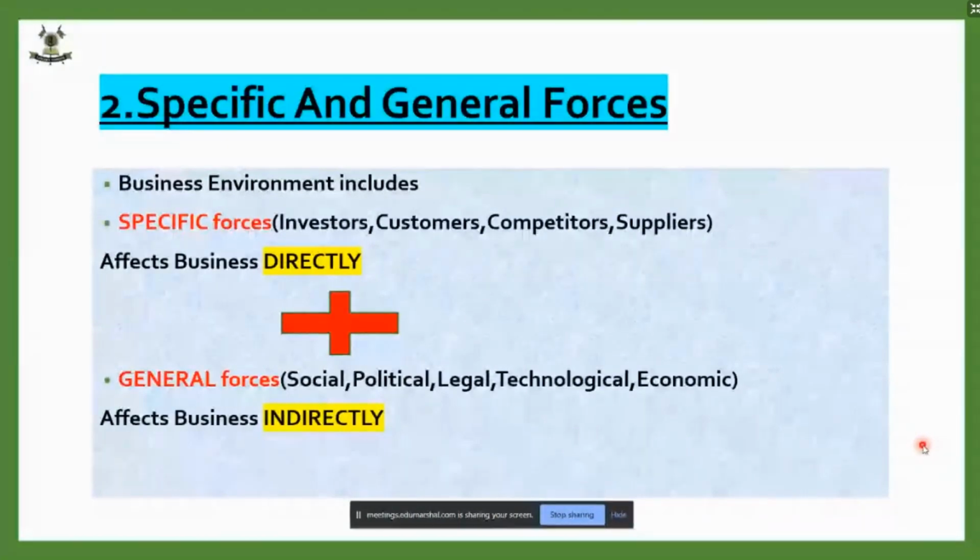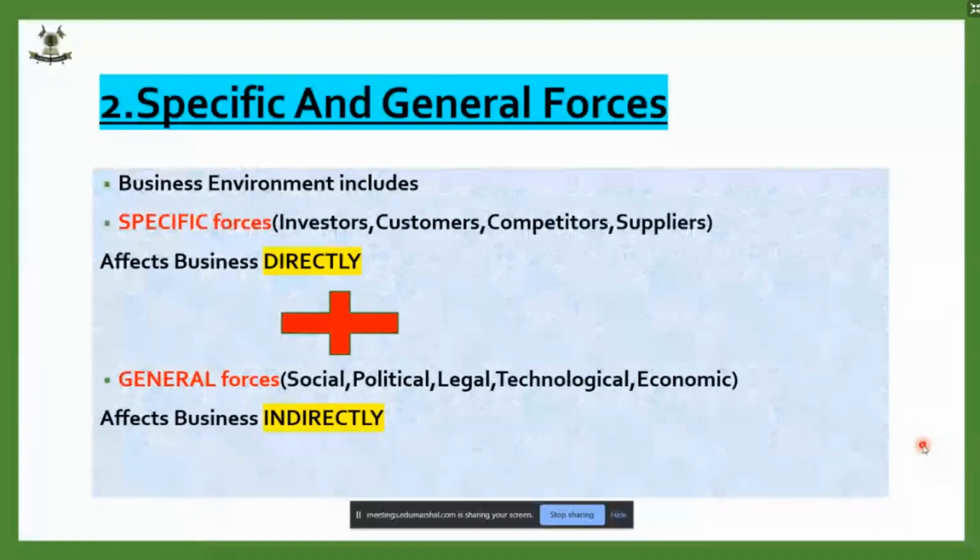So there is a direct, immediate impact, of what? Specific forces. So what comprises specific forces? Investors, customers, competitors, suppliers. These are all specific forces. And what are specific forces? Those which affect the business directly.